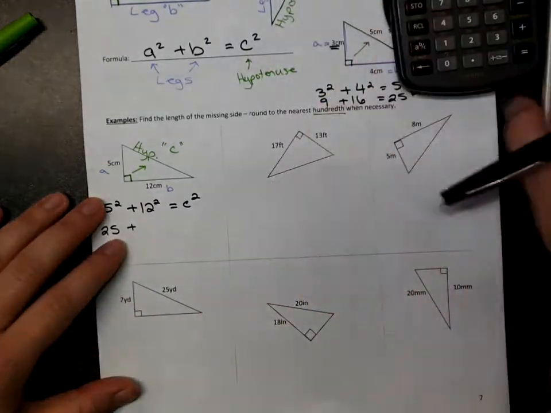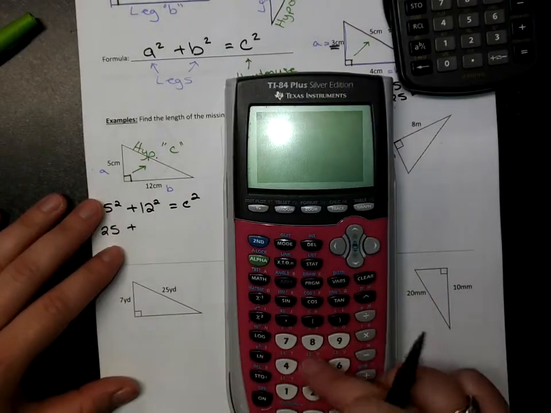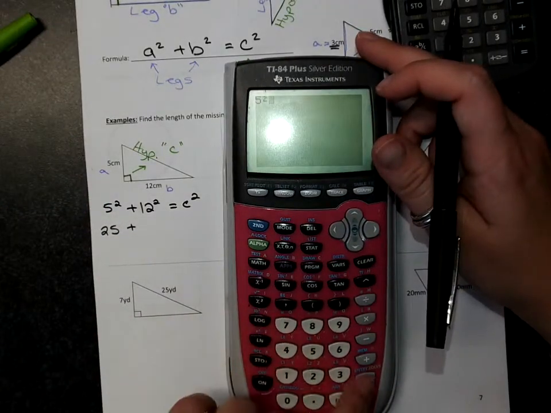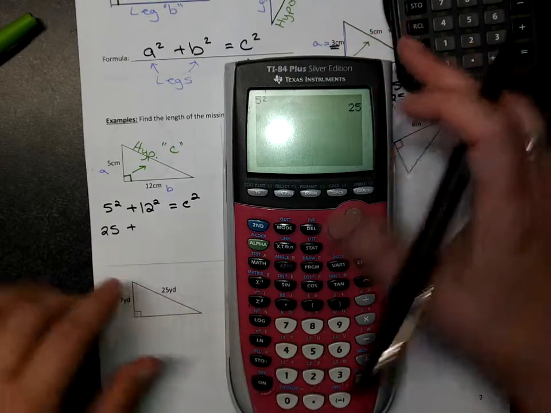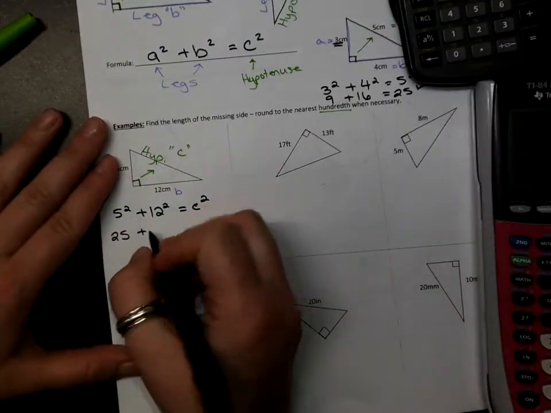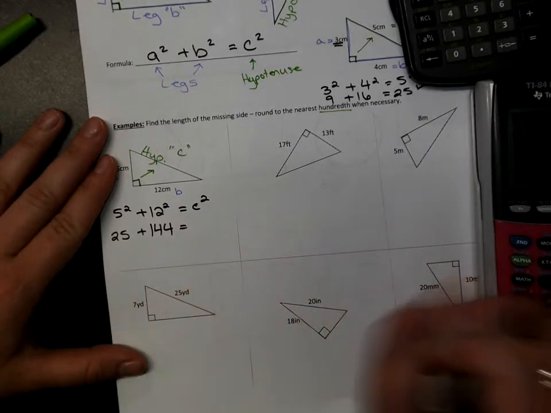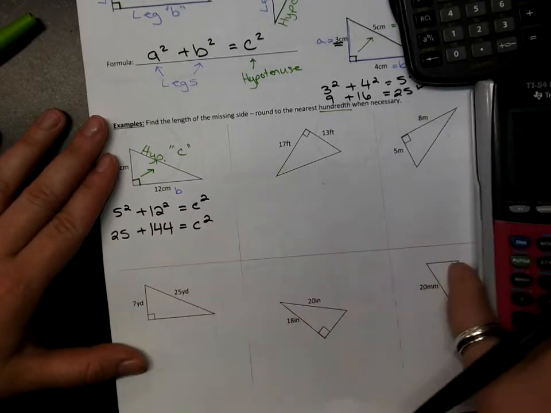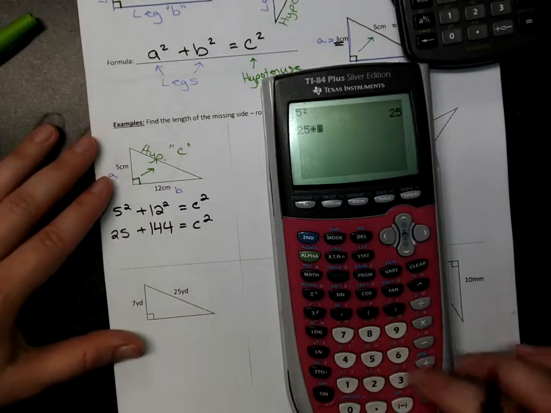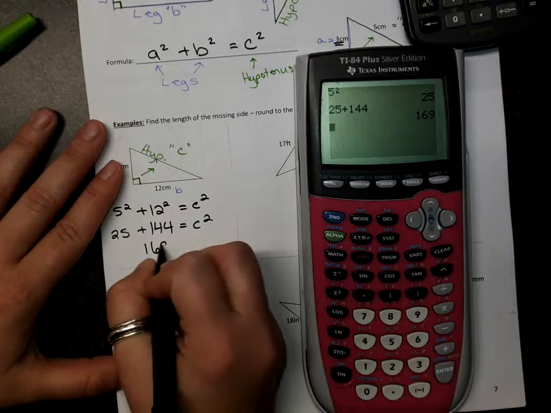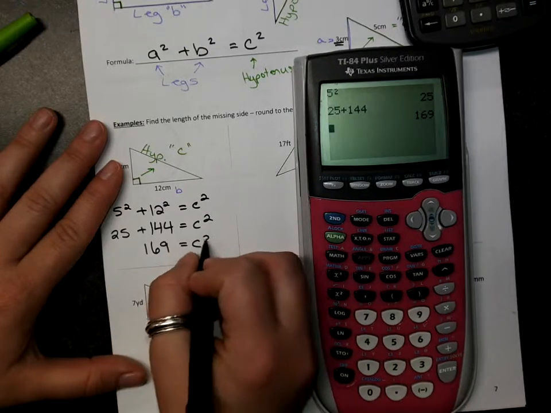On the bigger calculator, you push 5, and then again you have a button that says x squared, and then you hit enter, and it will square it. 12 squared is 144, which again you can find in the calculator, equals C squared. 25 plus 144 is 169, equals C squared.